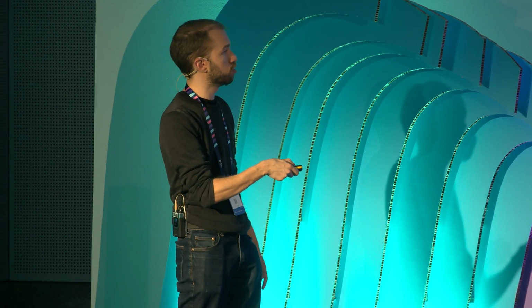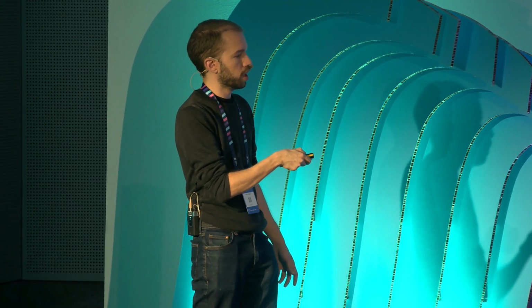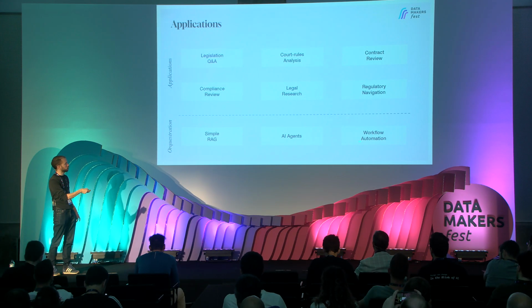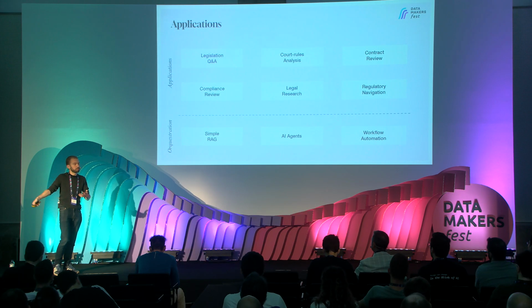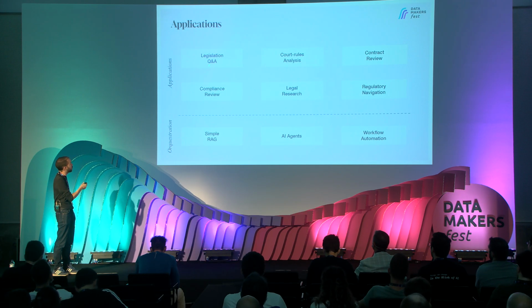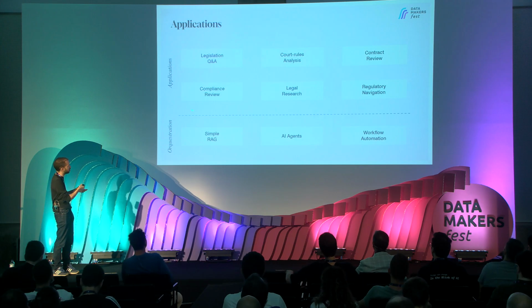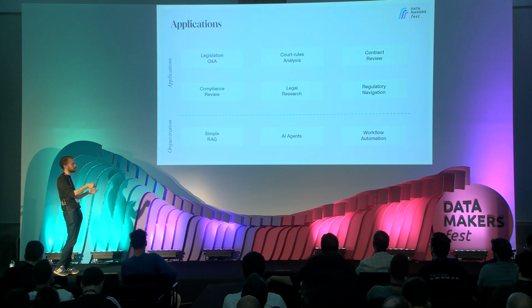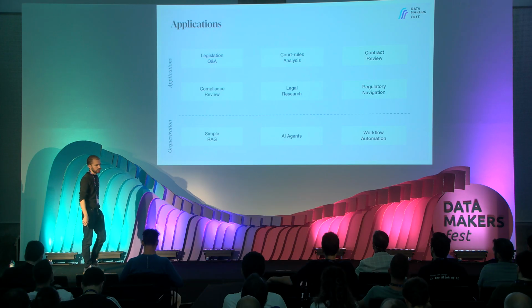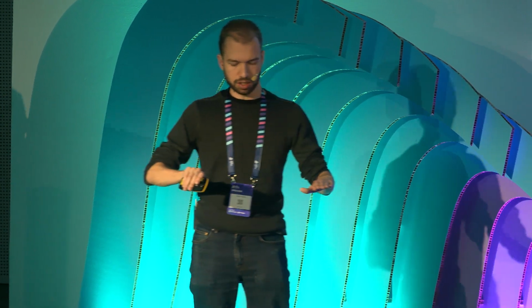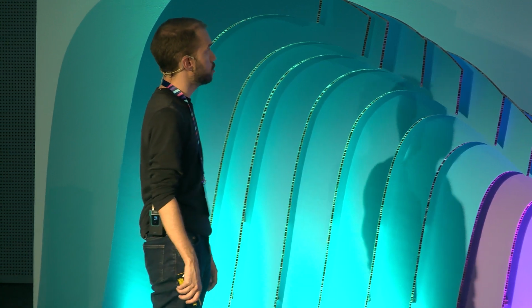If we don't want an agent to tailor a plan, we can also create already tailor-made workflows. This can then have several applications: QA on legislation, court rule analysis, contract review, compliance review, legal research, regulatory navigation, and so on. So now that we've built a search engine on top of this legal data, we can have a lot of cool applications.